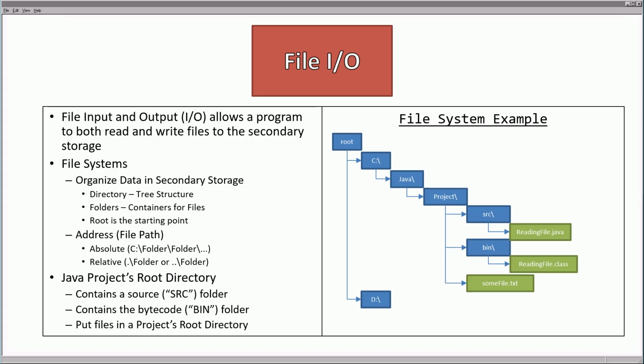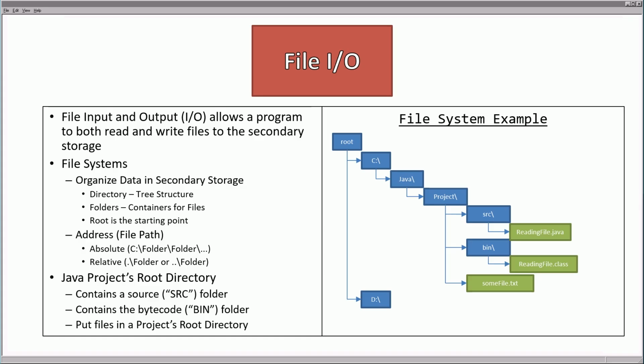Before we get to the process of file input and output, there are a couple of details that we need to go over. First of all, we have to know what a file system is. This is the way that the secondary storage, your hard drive, is organized. We can assume for the most part that we use this thing called a directory, which has a tree-like structure.